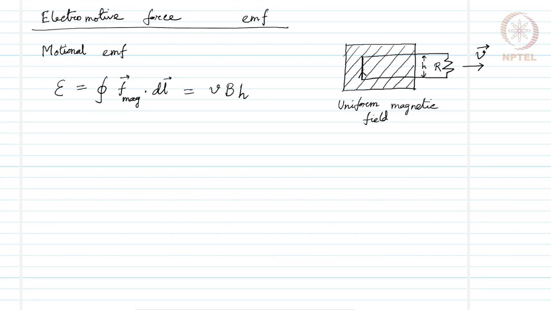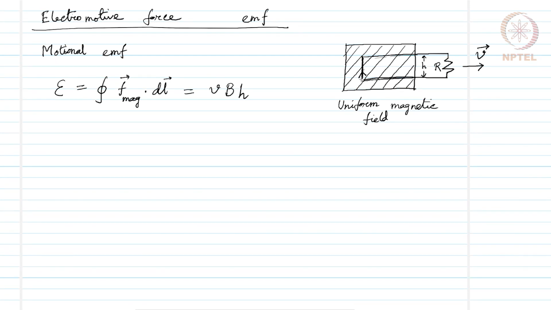So, only this arm that we have marked here, that we have discussed so far, will contribute to this force, not any other part, because the force on this part and this part will be exactly equal and opposite to each other, and they will cancel. So, only this vertical arm, the force on it will survive, nothing else will survive.